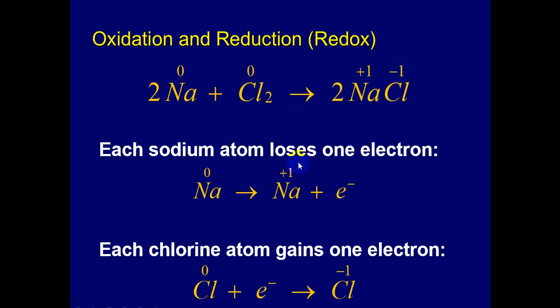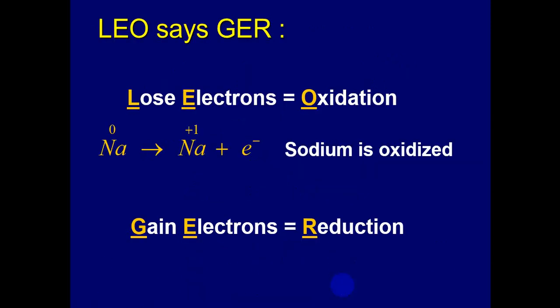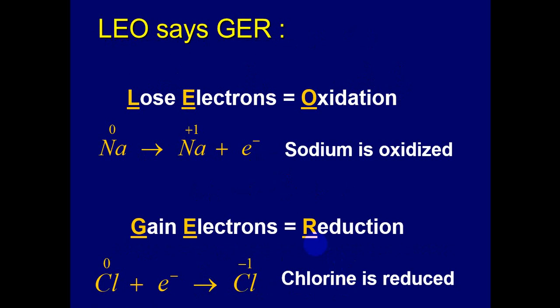So sodium loses an electron, and chlorine gains that electron and becomes minus 1. So it has been explained here. We have sodium 0, then sodium loses an electron to become sodium 1 plus. Each chlorine atom gains 1 electron, so chlorine 0 plus an electron will become chlorine minus. So this is an acronym: lose electrons is equal to oxidation.